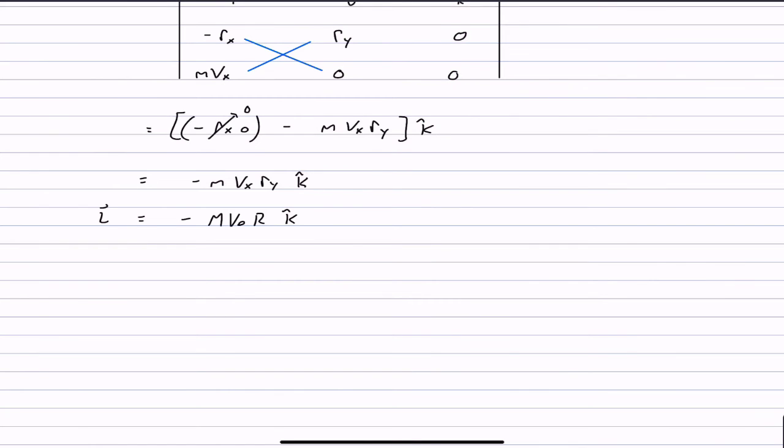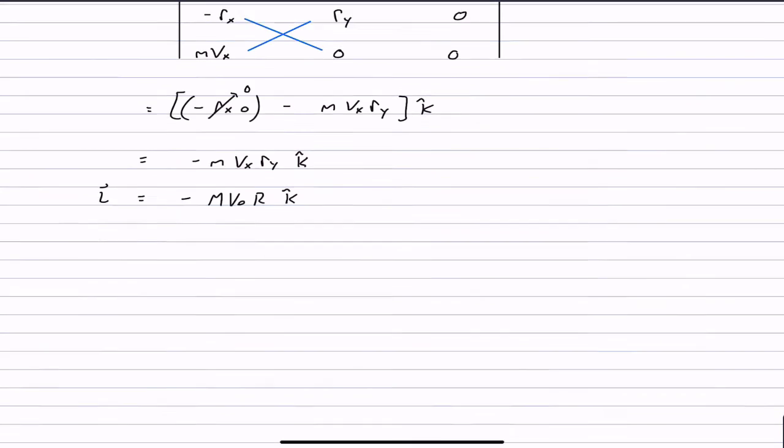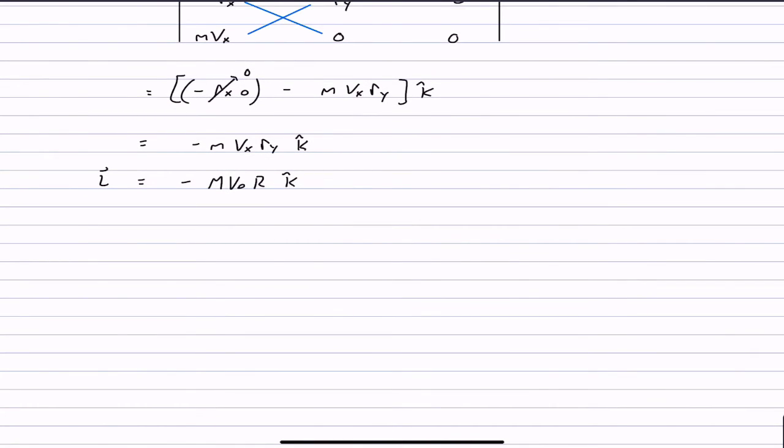Now it asks us to find the final angular velocity of the system after the collision. We're given a mass for the cylinder and a radius. We're going to do a similar thing to what we did last time. We're going to use conservation of angular momentum, where the initial is equal to the final.